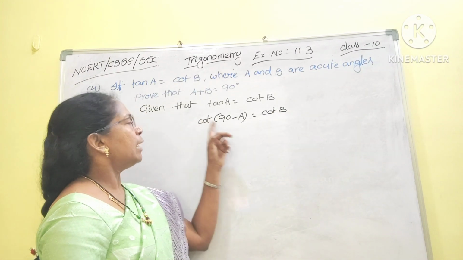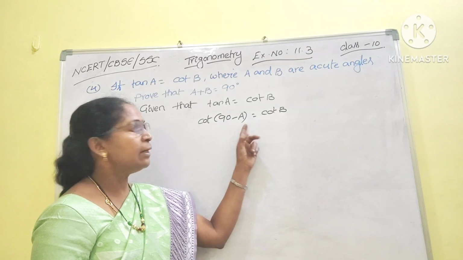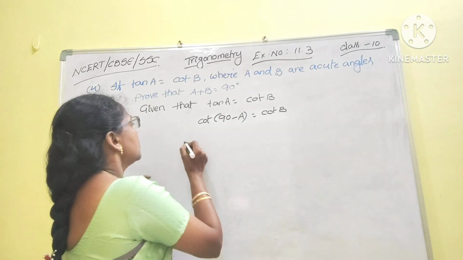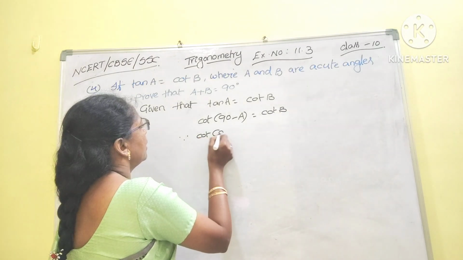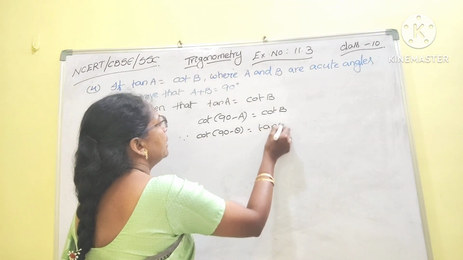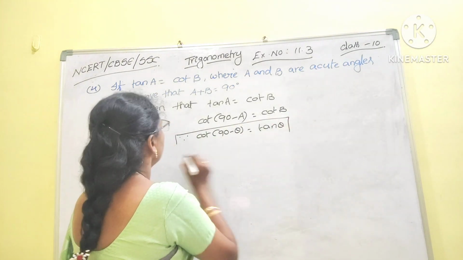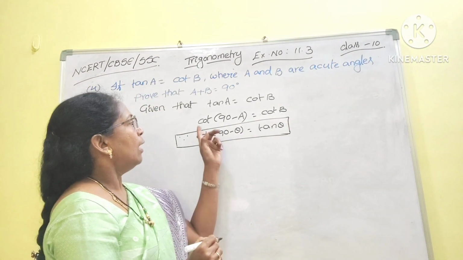So cot(90 minus theta) equals tan theta, where theta equals A here. According to this complementary angle ratio, I have used this.